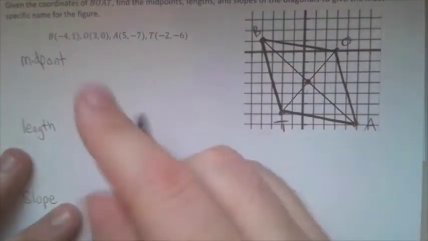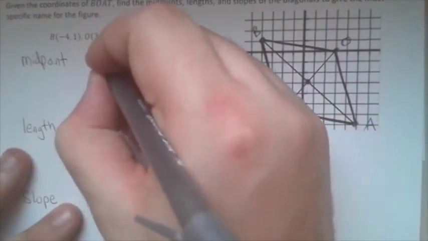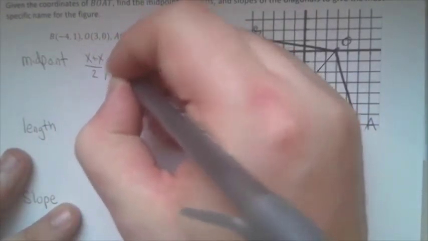So the midpoint formula has x plus x over 2, comma, y plus y over 2.